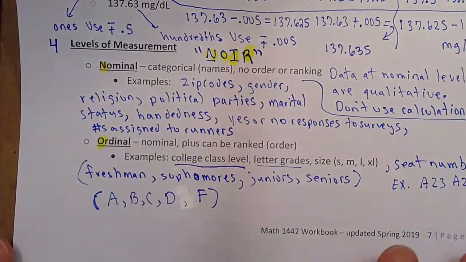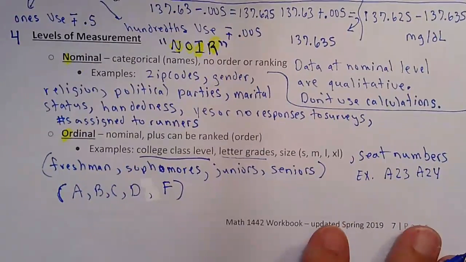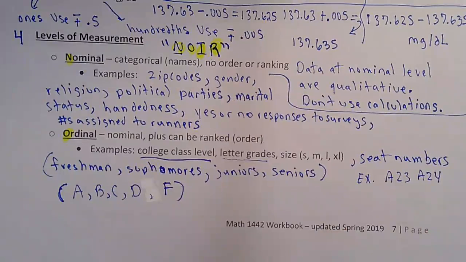Let's say you're sitting on a plane or on a bus, and those would be the seat numbers. So there is some kind of an order, right? You know, who's sitting by the window, for example. So there is some kind of ordering associated with that.